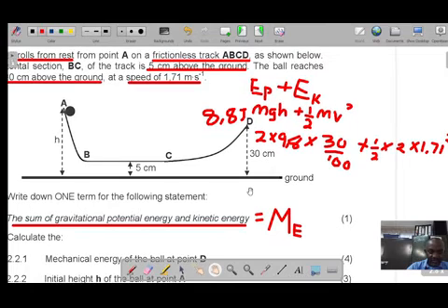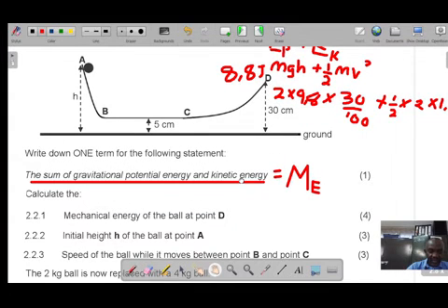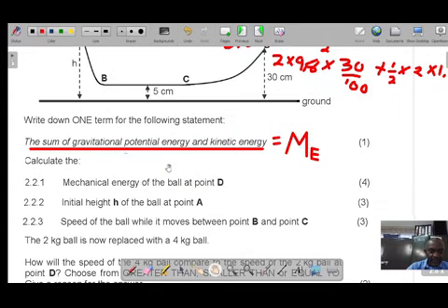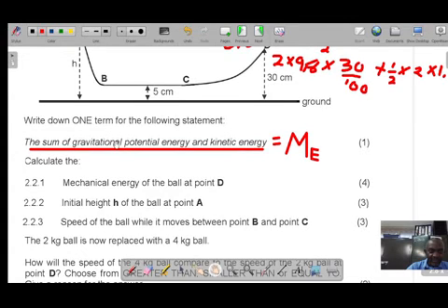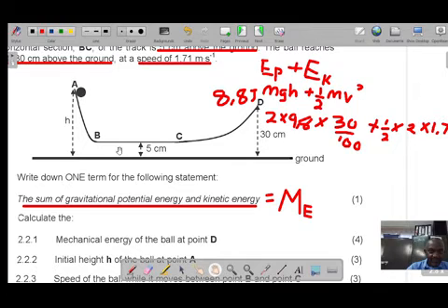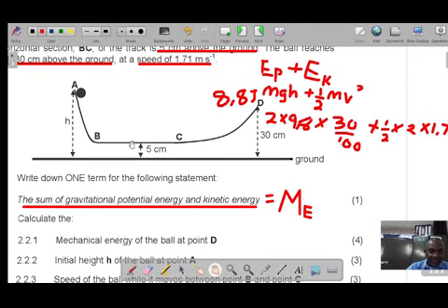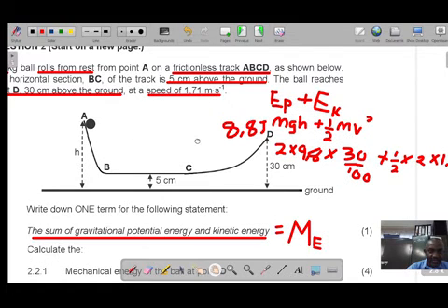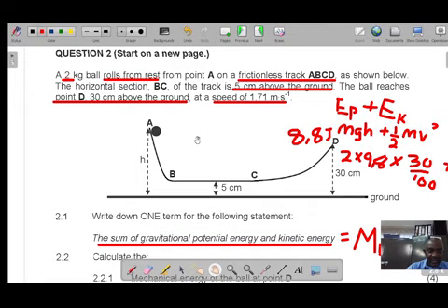It says that the initial height of the ball at point A. So I want the initial height of the ball at point A. Now at this point A, which you see here, guys, I can see that point A is also part of the track ABCD, which means that the mechanical energy at point A is the same as mechanical energy at point D. Somebody can say, why are you not talking about BC?